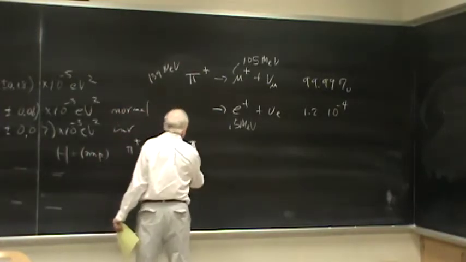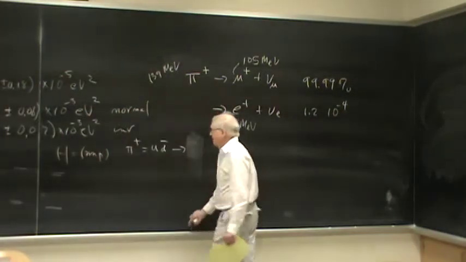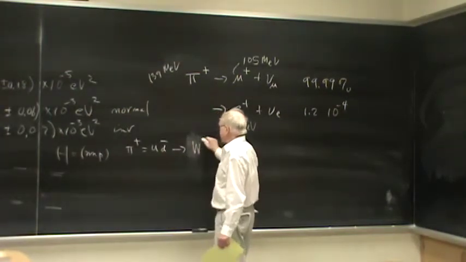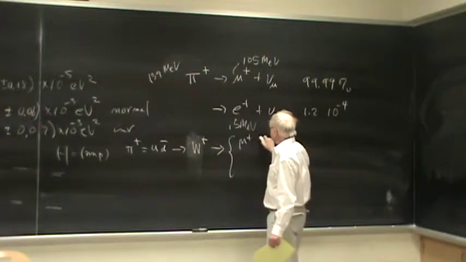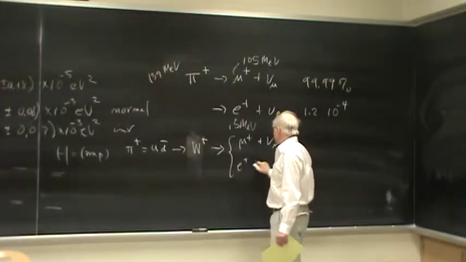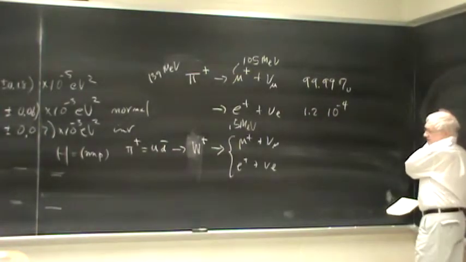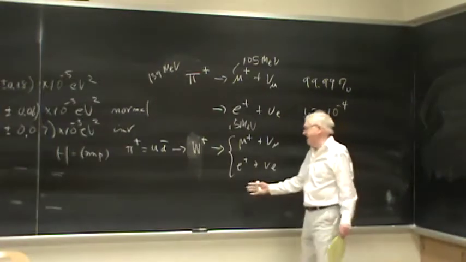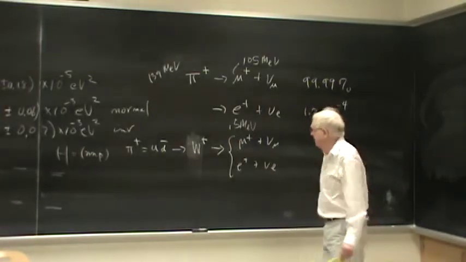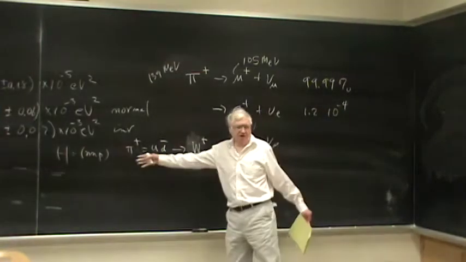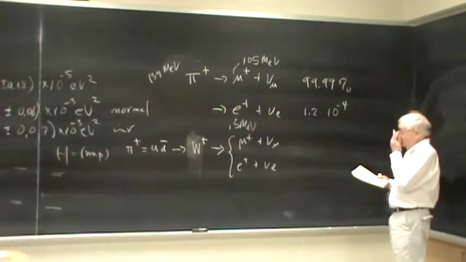Oh yeah, sorry, it's much simpler than this. It's u d bar goes to a W plus, and then the W plus can go into mu plus plus nu mu, or e plus plus nu e. And you might say, what about tau? Well, the tau is much, much too heavy. It's what, a GeV or something. And the pion is only 140 or so. So what's going on here?